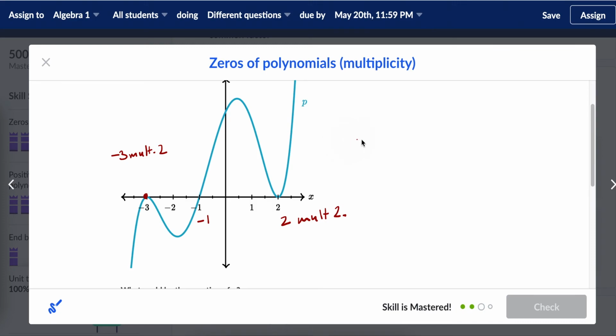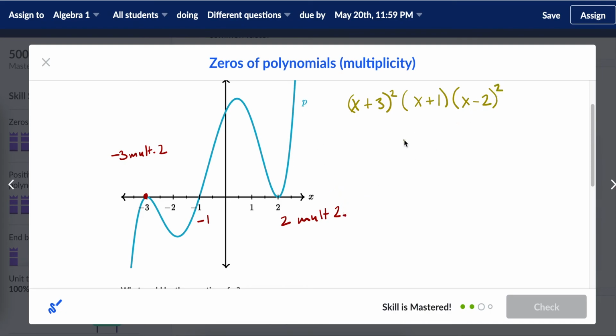And so we can factor this out as, we've got negative 3, so our factor is going to be x plus 3 with a multiplicity of 2. We've got x plus 1, and then we've got x minus 2 with a multiplicity of 2.